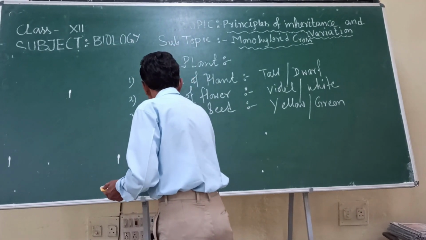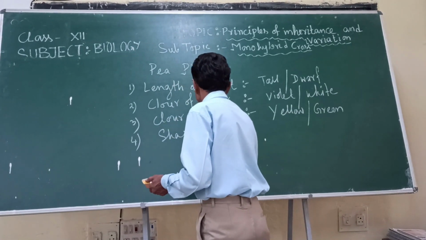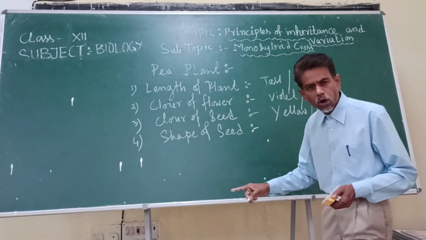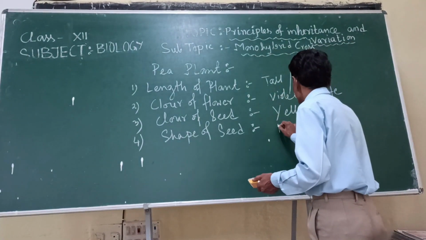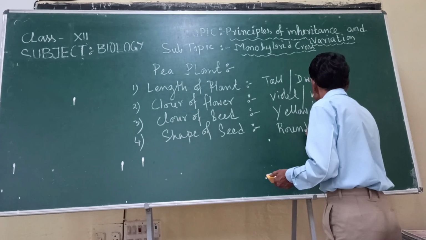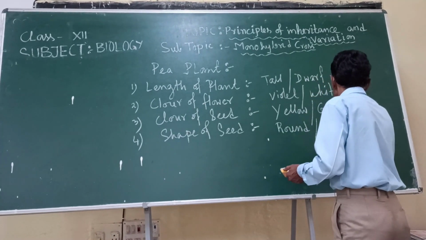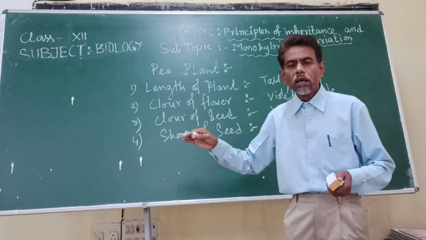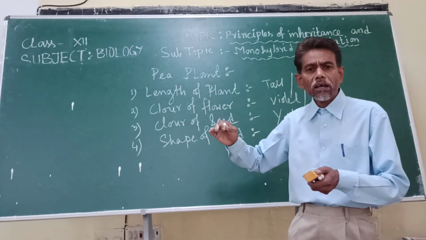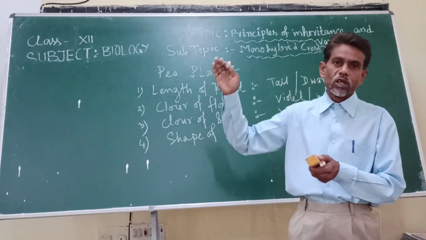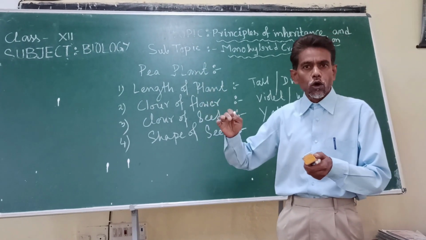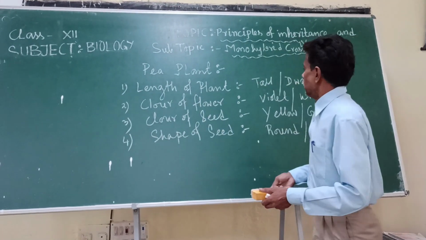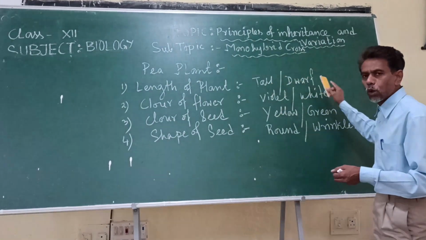Shape of seed: either round or wrinkled. Likewise, he compared 7 different characters and tested in his laboratory the crossbreeding with respect to these characters. One by one we shall discuss. So let us discuss on the basis of tall and dwarf first.